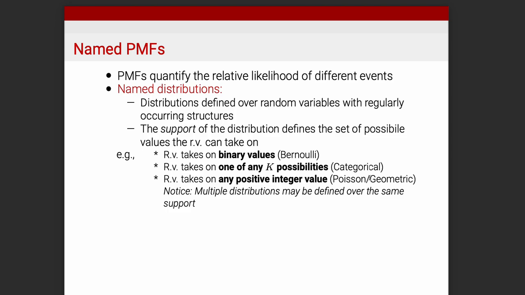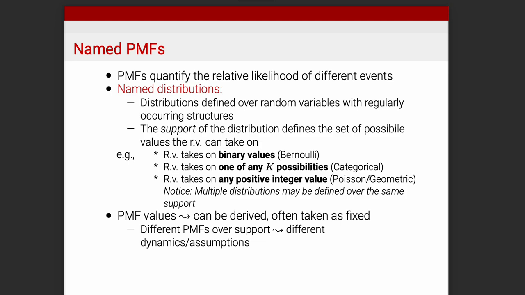So you might ask yourself, why is that, or what are the implications of that? Well, one of the implications is multiple distributions can be defined over the same support. So you could have, let's say, any kind of real number. There are a whole number of named distributions that are defined over that single support. In other words, those different distributions will imply different assumptions and different dynamics.